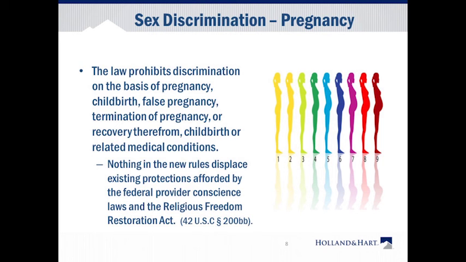Again, nothing replaces or displaces the existing protections afforded under the RFRA Act or under other conscience laws. But this does specifically say that we're not going to allow discrimination on the basis of pregnancy, childbirth, false pregnancy, termination, childbirth, or other related conditions.